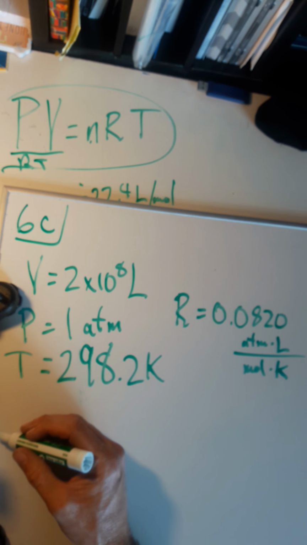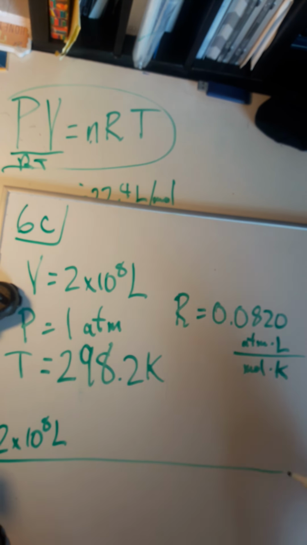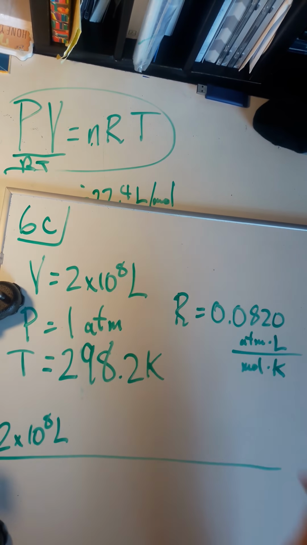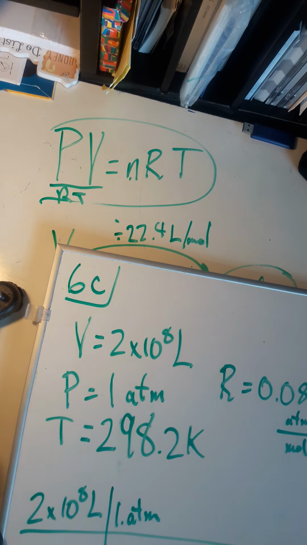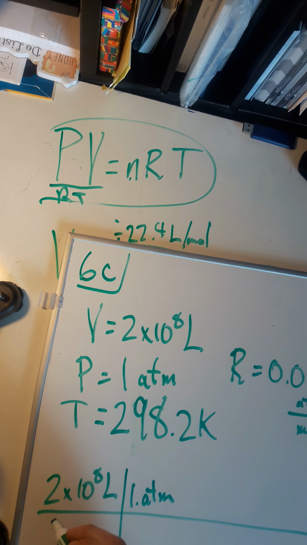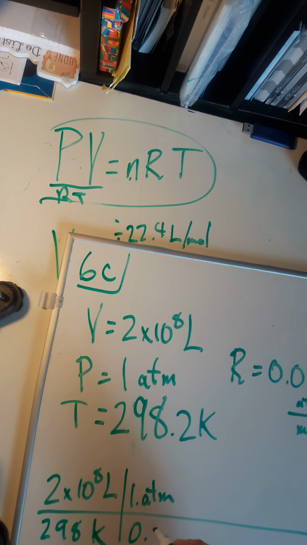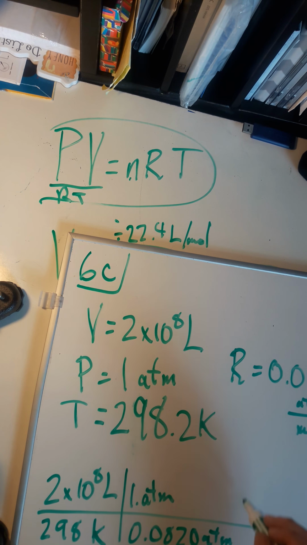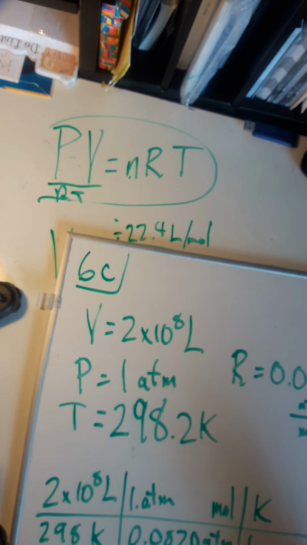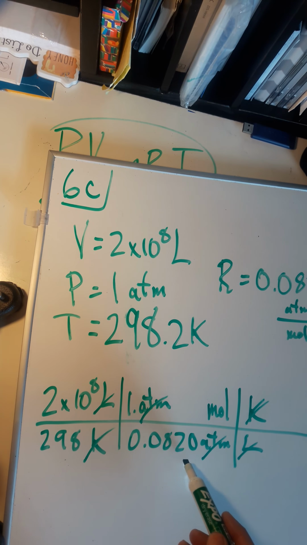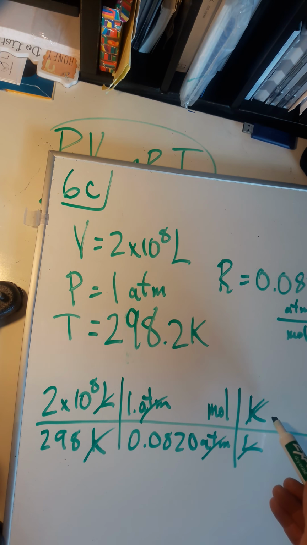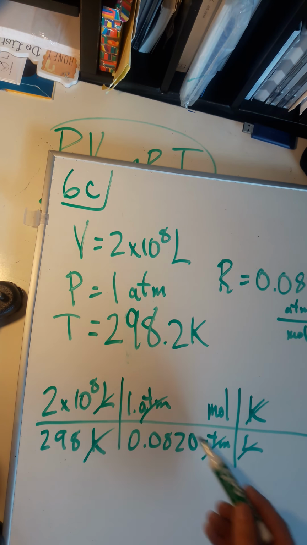We have our volume, 2 times 10 to the 8th liters, times the pressure, 1 atm, divided by the constant and the temperature, 298 Kelvin, 0.0820 atmosphere liters per mole Kelvin. Liters cancel, Kelvins cancel, atmospheres cancel, and if we did this math, we'd get the moles.